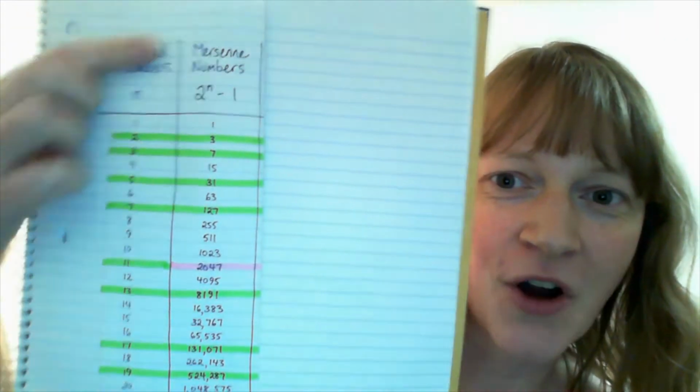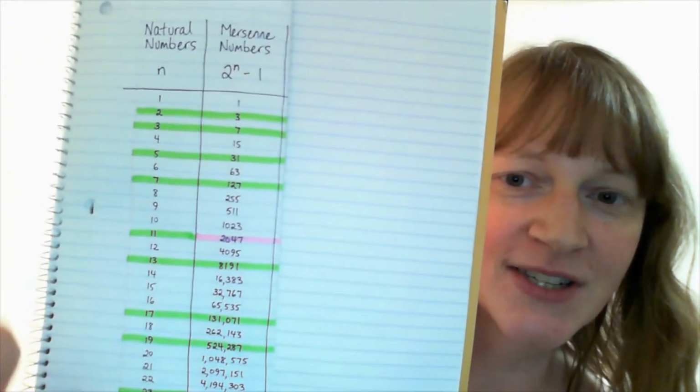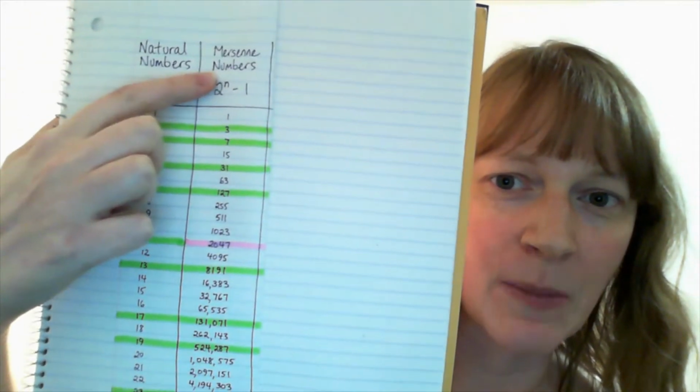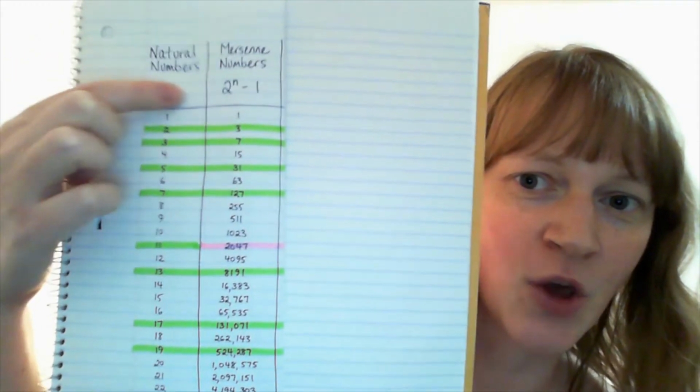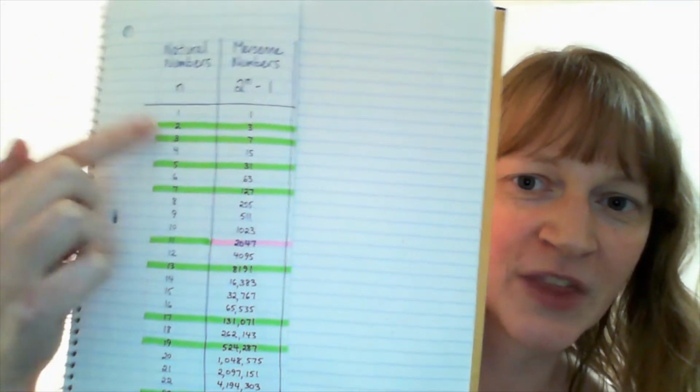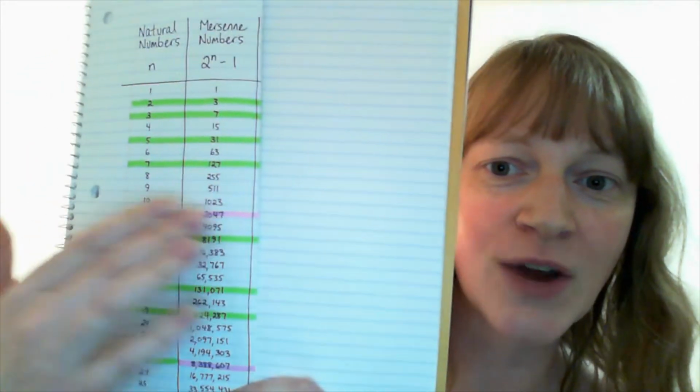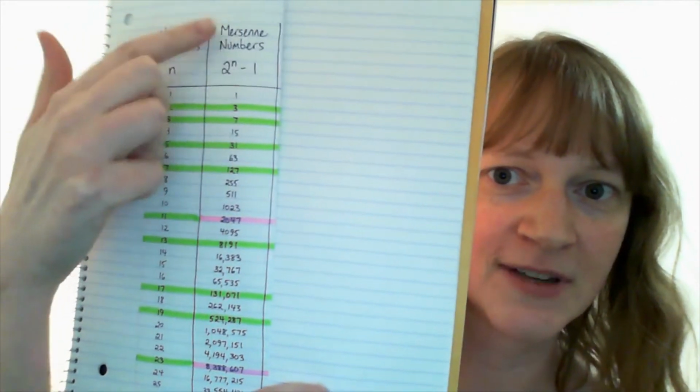So, here are all of our Mersenne numbers, 1 less than a power of 2, and here are all of the natural numbers that go in the exponent spot that result in these Mersenne numbers. We are trying to visually see with rectangles the factorizations of some Mersenne numbers.